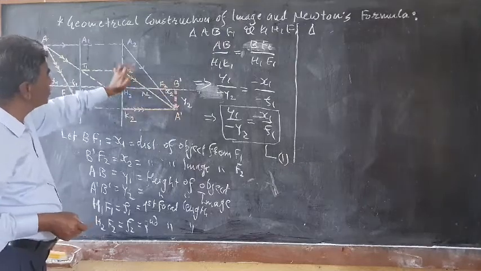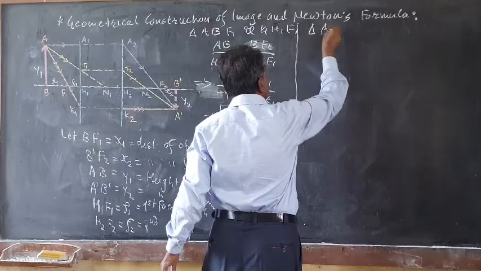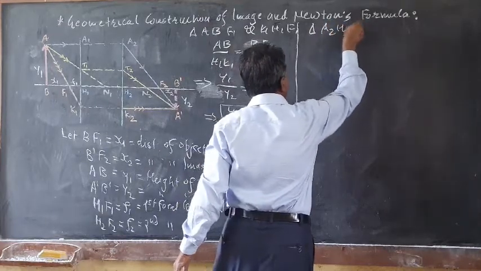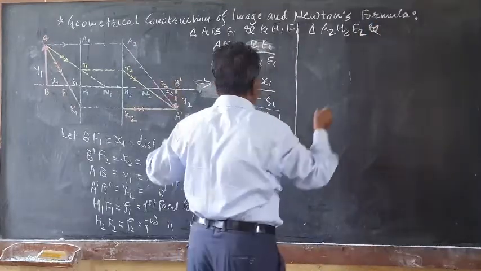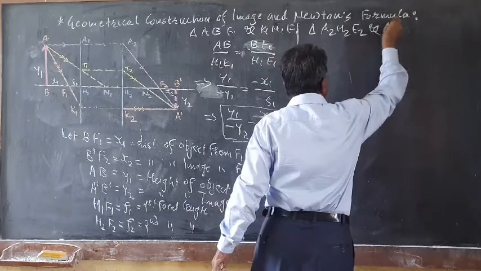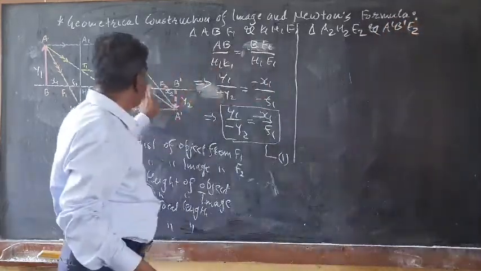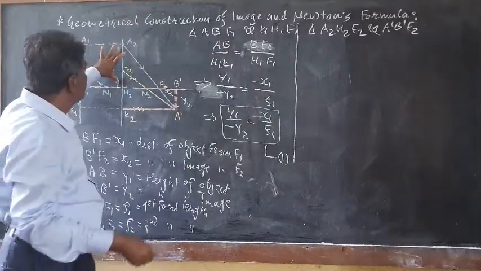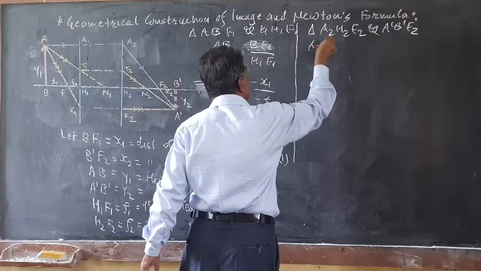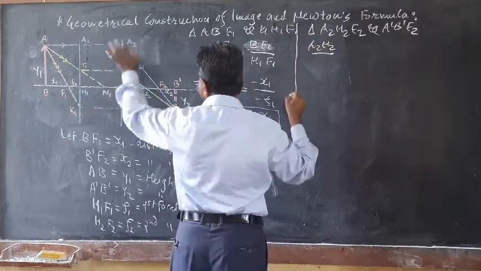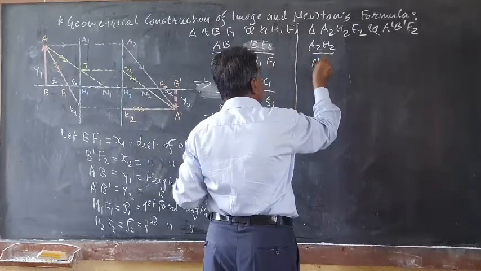So we have considered the two similar triangles: E2 S2 F2 and the other similar triangle A dash B dash F2. Now from these two similar triangles we can write A2 S2 divided by this side A dash B dash.